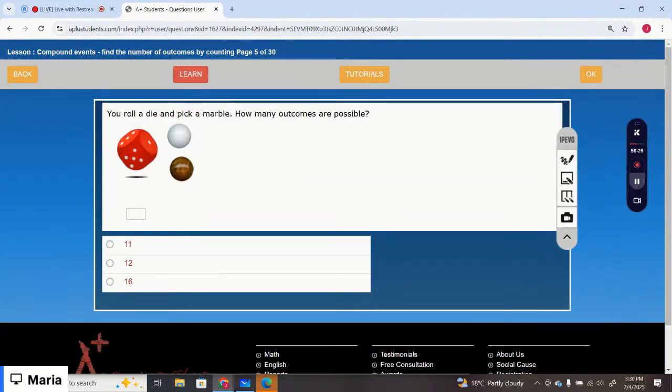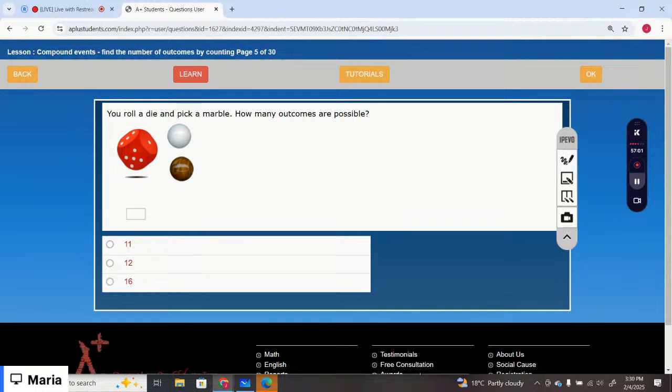You roll a die and pick a marble. How many outcomes are possible? So, which is the correct option? 6 times 2 is 12.